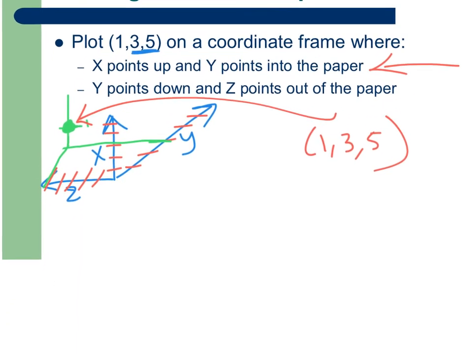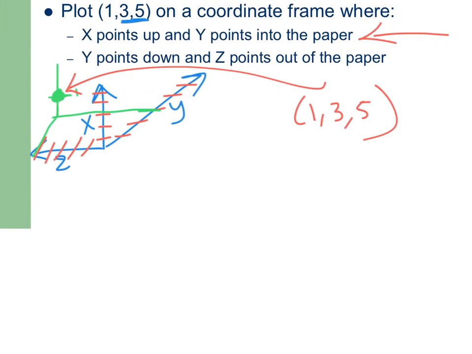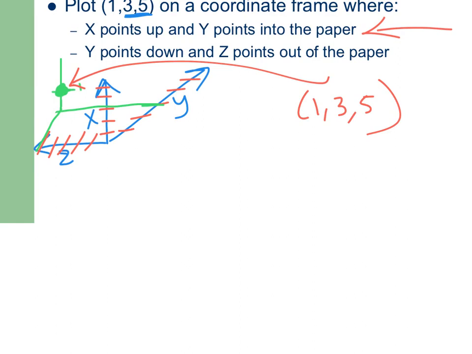And now let's try and do the second one. So now we want to do it again, but this time it says we want to do an example where we have y pointing down and z pointing out of the paper. So from y to z gives us x pointing out to the left.